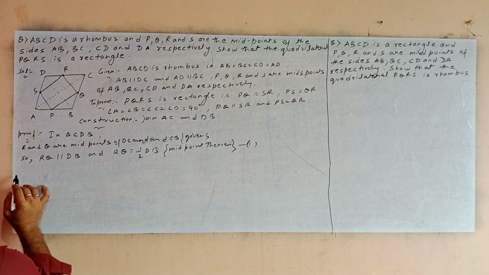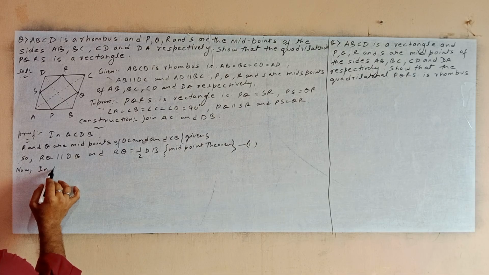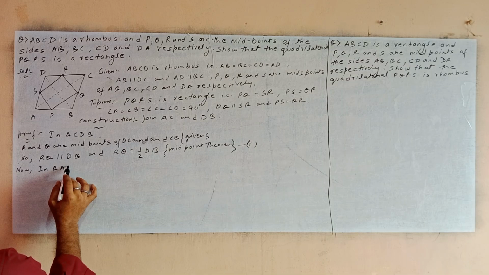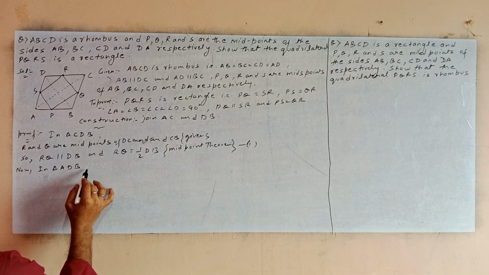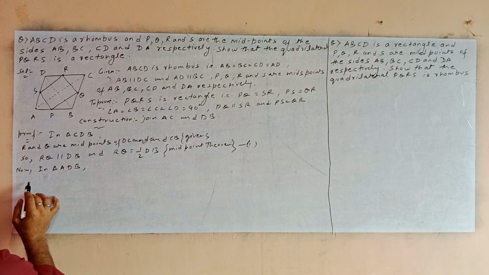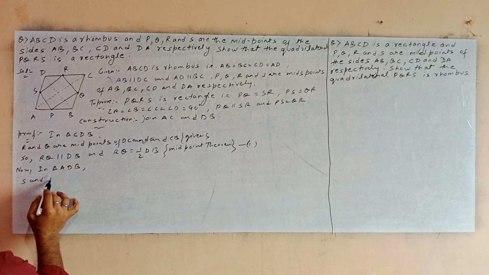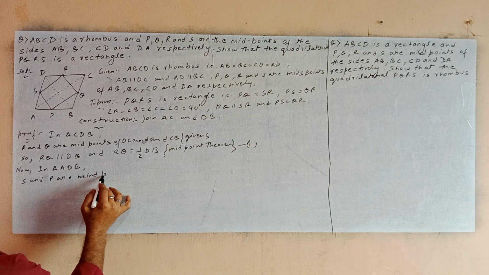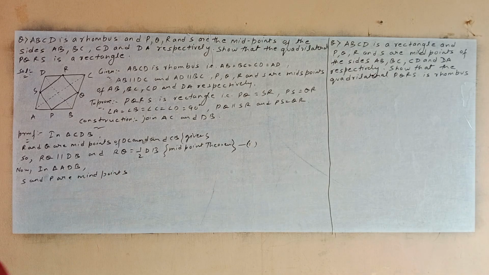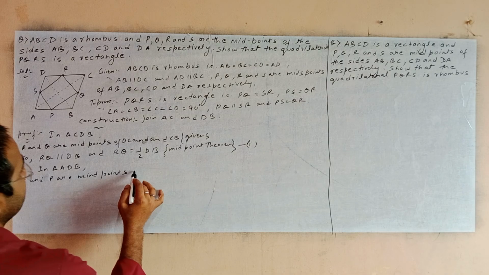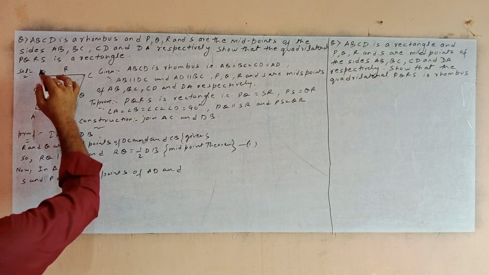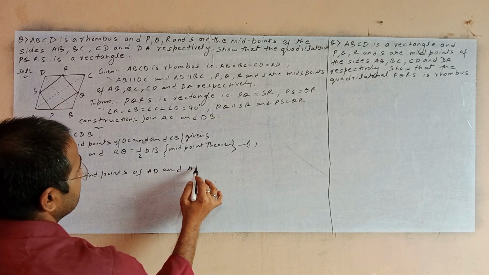And now in triangle ADB, S and P are midpoints of AD and AB.